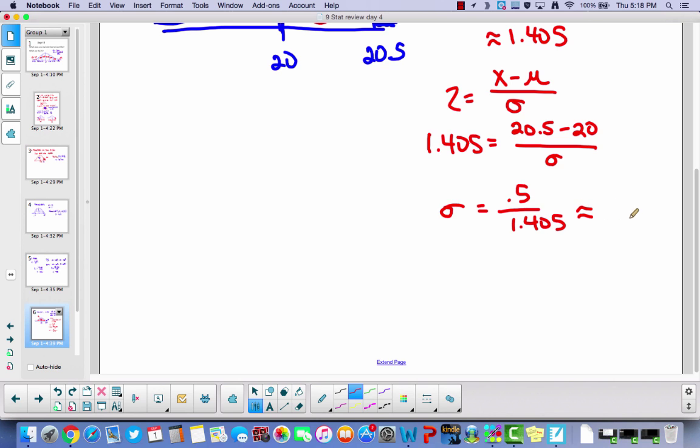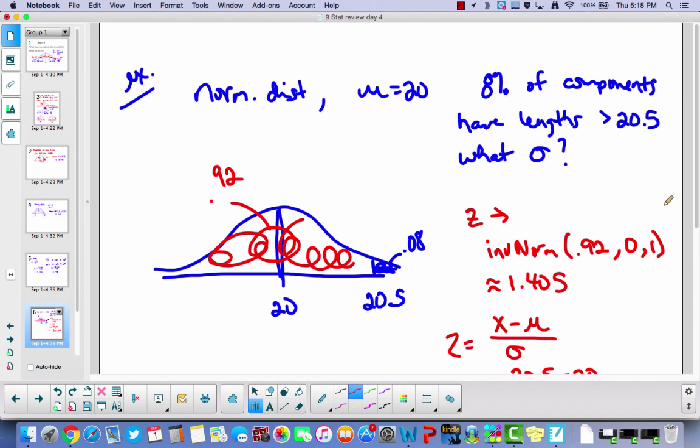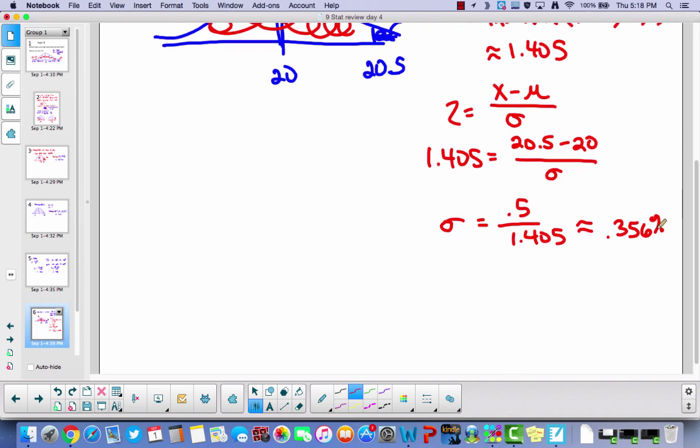When we do that, we get that it's approximately 0.356, in units of length, so it's probably centimeters. So remember, if you're missing a component, a z-score is a good thing to go with.